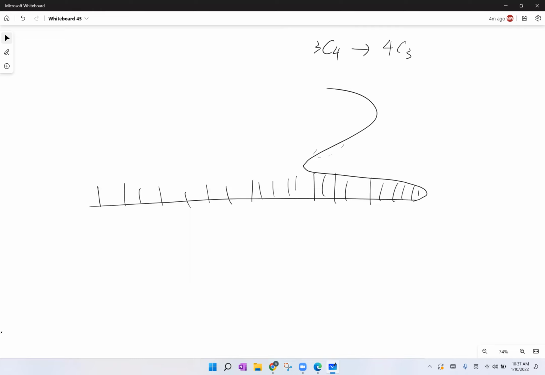So what's the energy output for this stage? And what generally happens at this stage? How many ATPs are going to be generated at this stage? 2 net. We're going to generate 4, but 2 will be consumed.